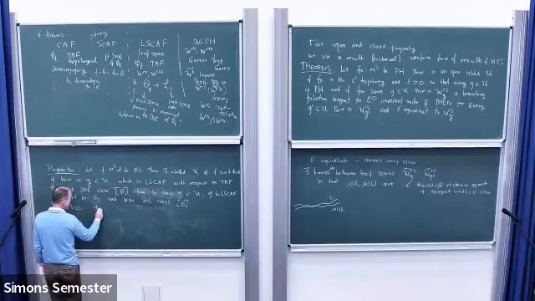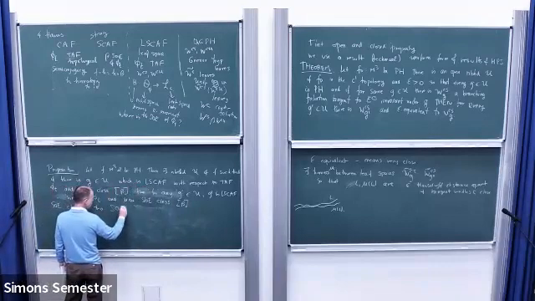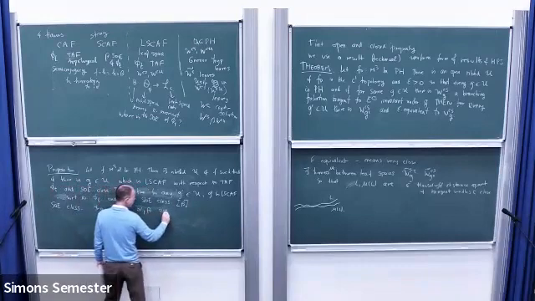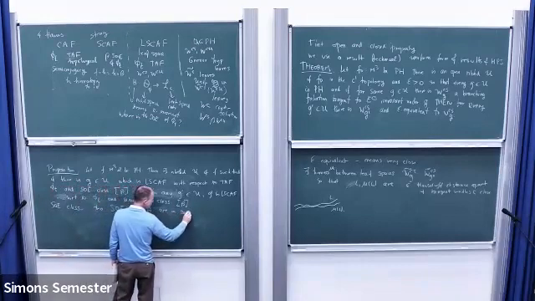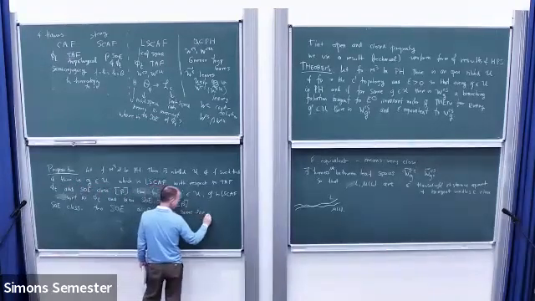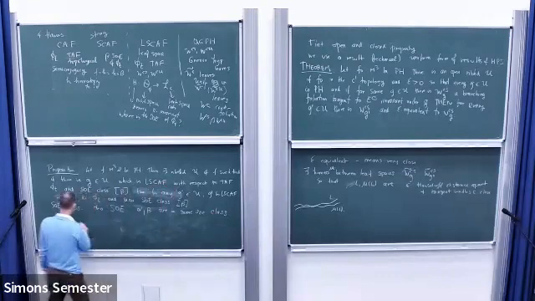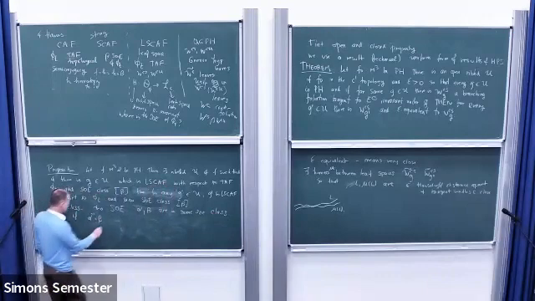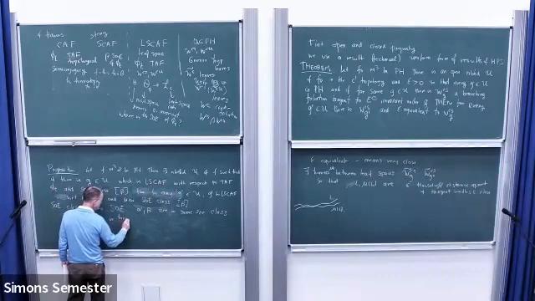So alpha, beta are in the same SOE class if alpha inverse composed with beta, which is also a self-orbit equivalence, is trivial.